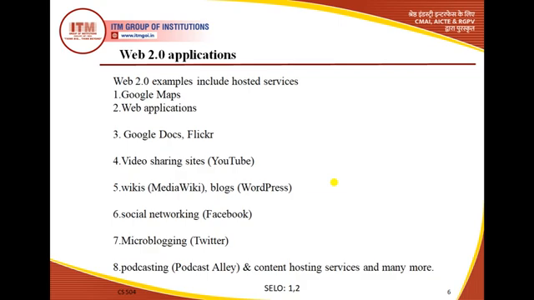The examples include hosted services like Google Maps, Google Earth, web applications, then Google Docs, Google Sheets, then Flickr, video sharing sites like YouTube, then wikis or MediaWiki, blogs like WordPress, then social networking like Facebook, Twitter, microblogging, and of course podcasting, content hosting services, and many more. All these are the application areas of Web 2.0, where this technology is being used in today's era.